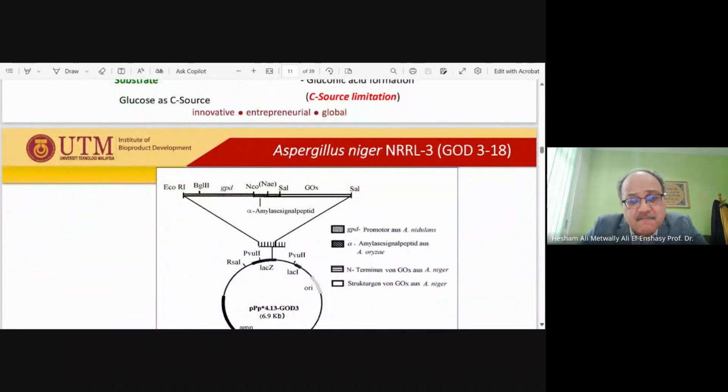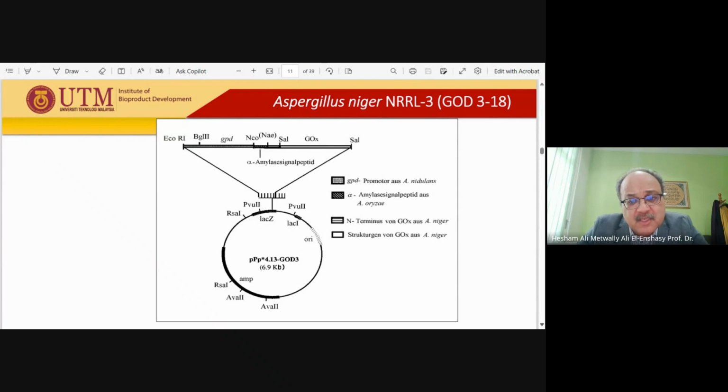The first problem was solved using a genetic engineering approach, giving Aspergillus niger the capacity to excrete the enzyme outside. This is based on NRRL3 Aspergillus niger. We named it OD3-18. These microbes have the GPDA promoter from Aspergillus niger and an alpha amylase signal sequence.